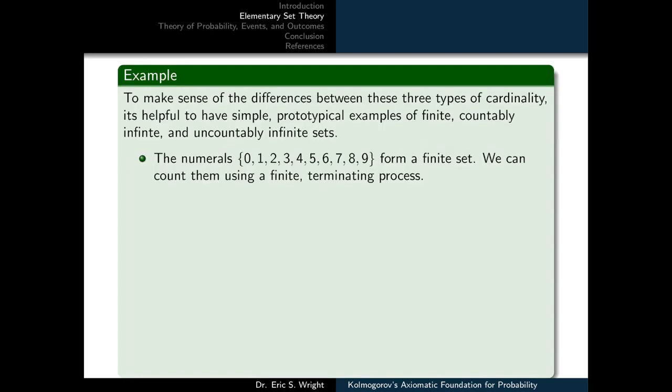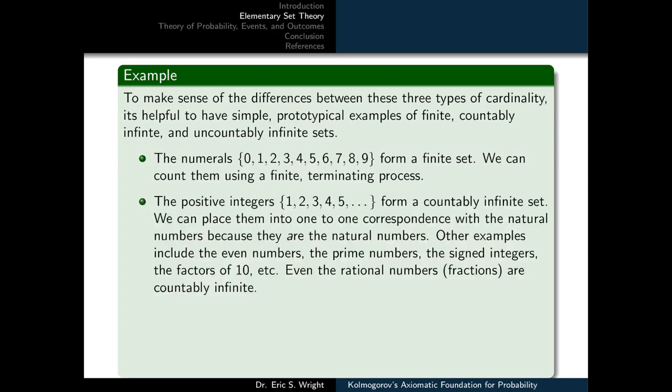To make sense of the differences between these types of cardinality, it's helpful to have simple prototypical examples of finite, countably infinite, and uncountably infinite sets. The numerals 0, 1, 2, 3, 4, 5, 6, 7, 8, and 9 form a finite set. We can count them using a finite terminating process.